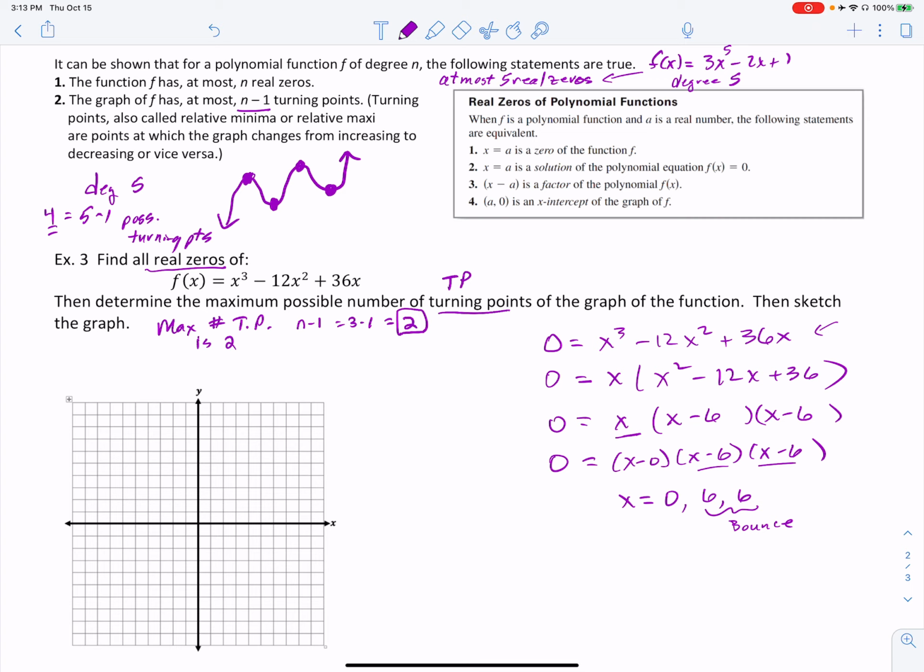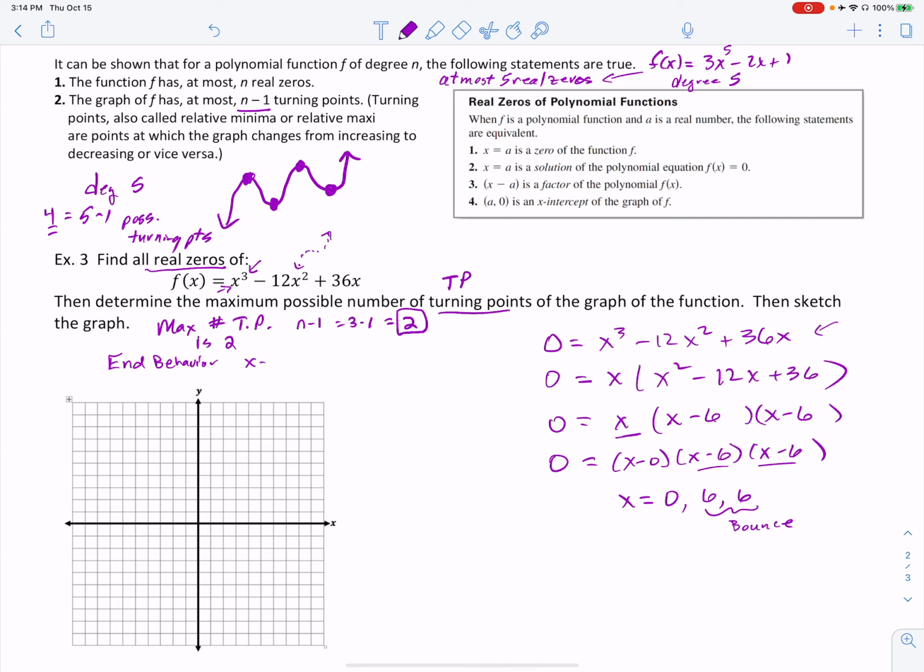Then since we just talked about end behavior, let's look at what we expect for end behavior on this. As this is odd, but the leading coefficient is positive, I expect it to look like an x cubed graph, not flipped.